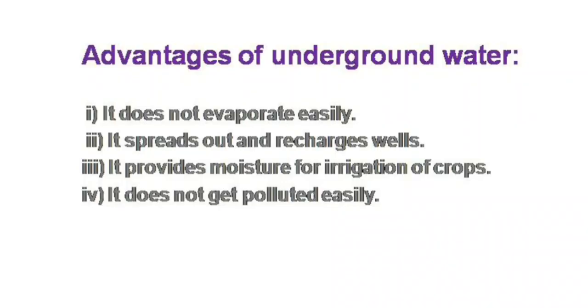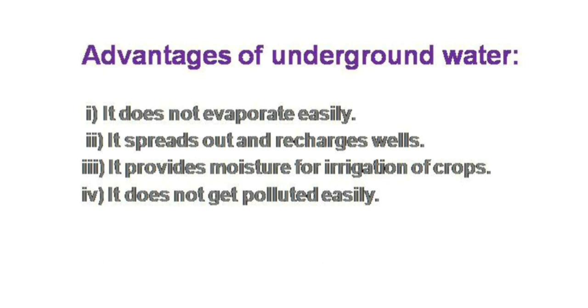Now let us have a look at which is the best way to save water, and that is underground water. Underground water, which seeps from the soil into the ground, has a lot of advantages.